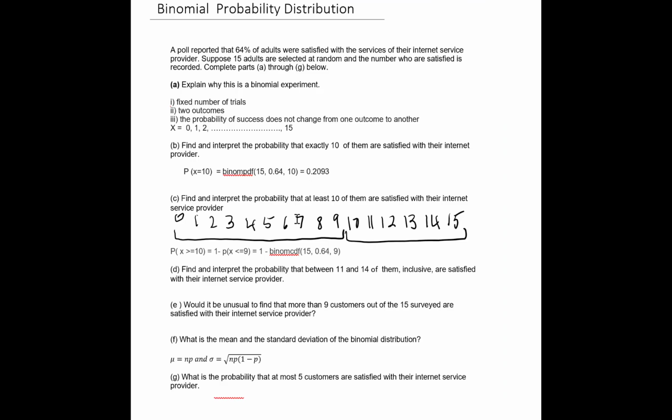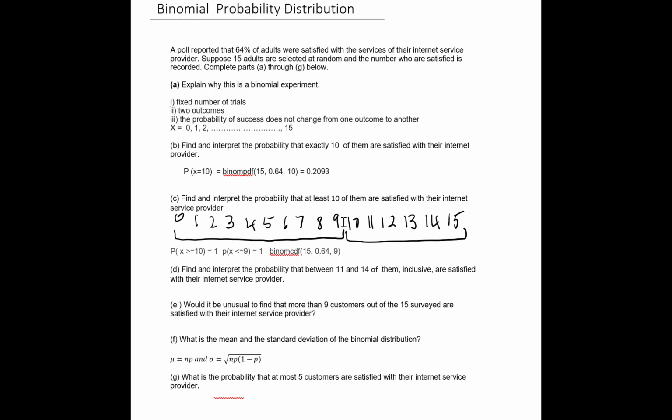If you want to do this using the calculator, I don't suggest that you do a formula by hand at all. He wants at least 10 of them. At least 10, guys, means 10 or 11 or 12 or 13 or 14 or 15. There is no formula on the calculator that does at least, but there is a built-in formula that does at most.